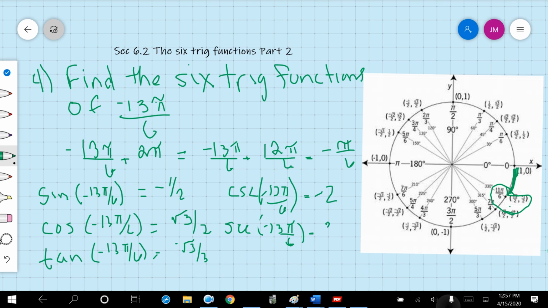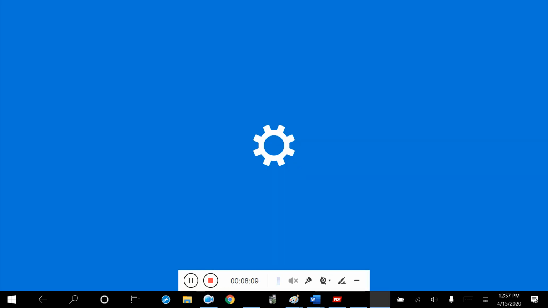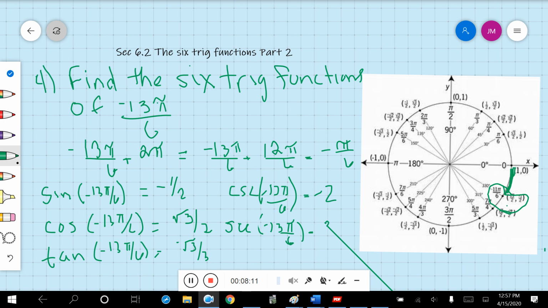So when you rationalize that, you get 2 root 3 over 3. And then the cotangent of negative 13 pi over 6 is the reciprocal of the tangent. When you reciprocate it and rationalize it, you get negative root 3.